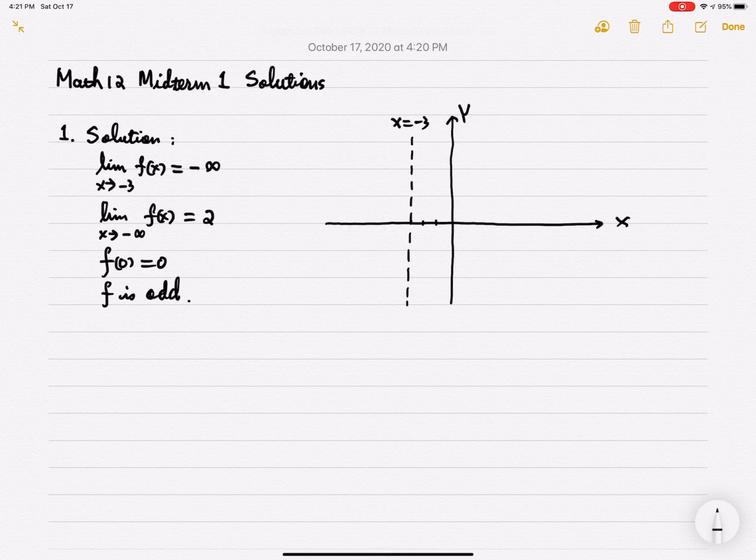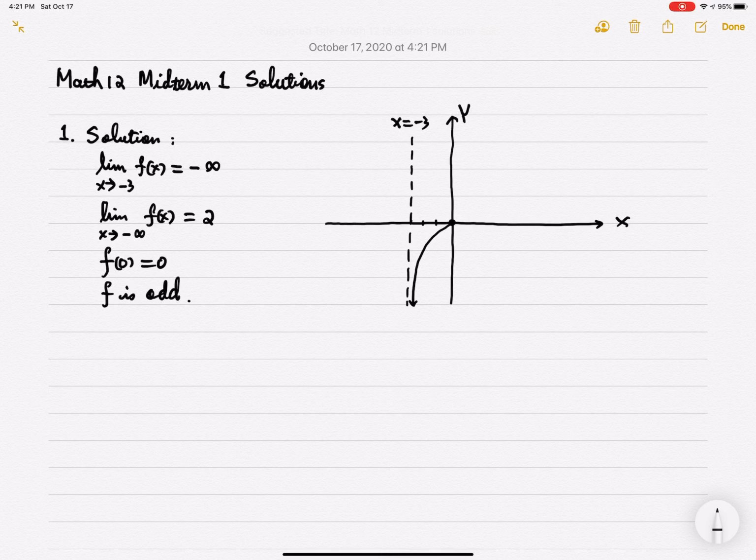The function goes to -infinity. And then f(0) equals 0, so the graph passes through the origin. Now between 0 and -3, there's no condition, so we can just draw the curve like that. Remember, this is just an example.